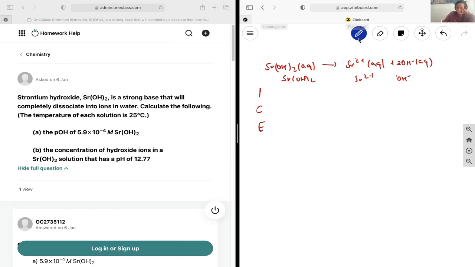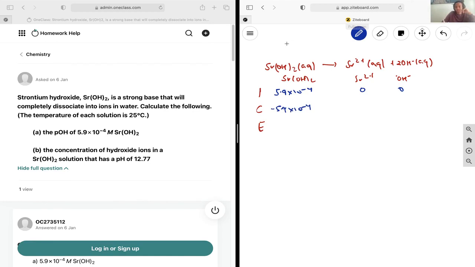Okay, so initially we have 5.9 by 10 to the negative 4, as we were told, 0 and 0 molar. Because it's going to completion, it is going to lose 5.9 by 10 to the negative 4.